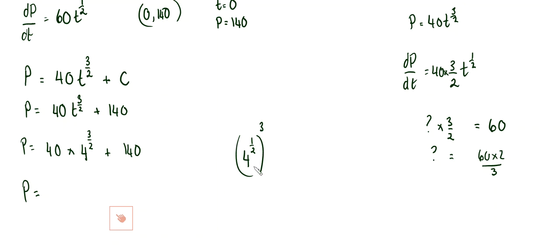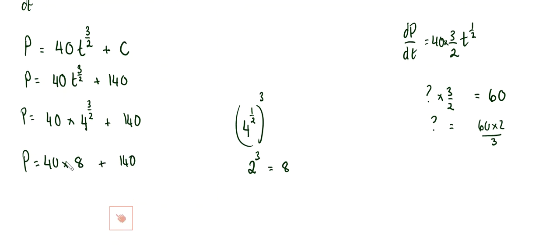What's that then? 4 to the power of half is 2. 2 to the power of 3 is 8. So actually we've got 40 times 8 plus 140. 40 times 8 is, 4 times 8 is 32, so 320 plus 140. So P is 460 fish.